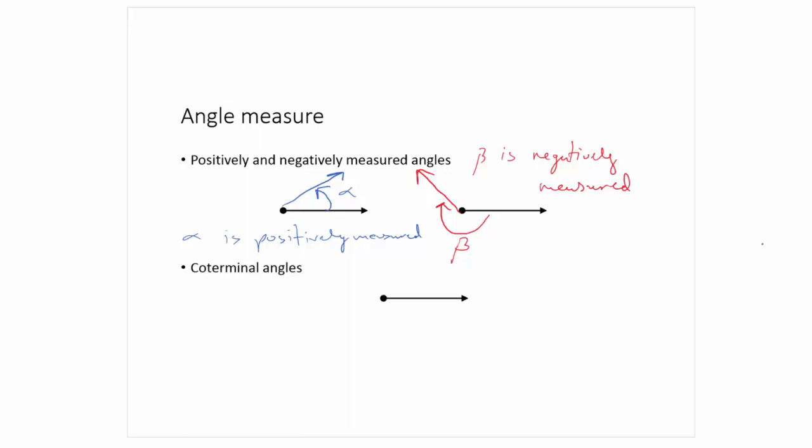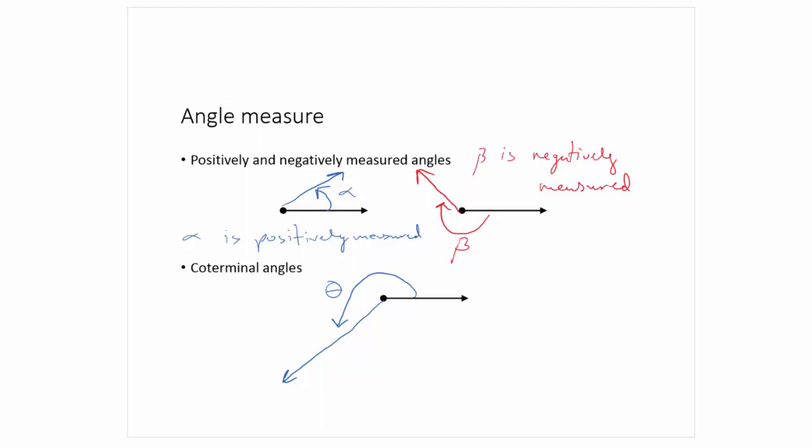Coterminal angles are angles that have the same terminal side. So for example, let's say I have a positively measured angle that ends up here. All right, so there's my positively measured angle. Let me call it theta.